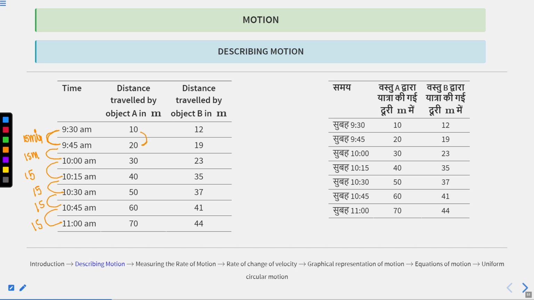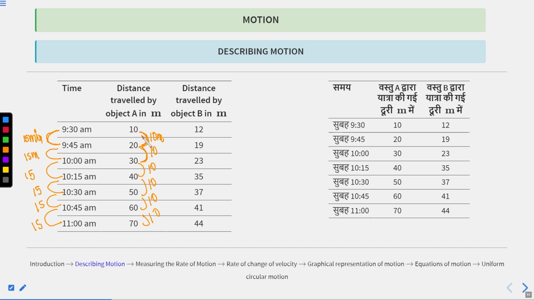What is the distance interval here? 10 meters in 15 minutes. Here is also 10 meters. So object A is covering 10-meter distance in 15 minutes. We begin with 10 meters. After 15 minutes, it has covered 20 meters.